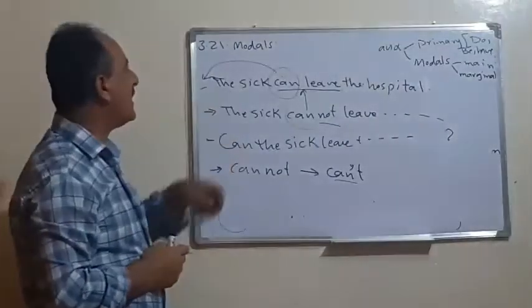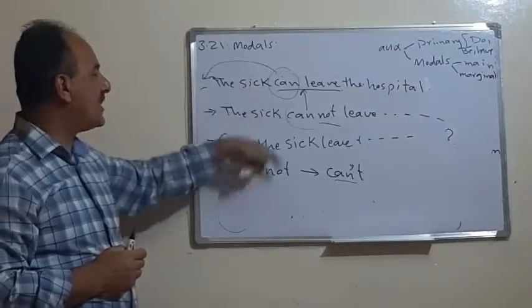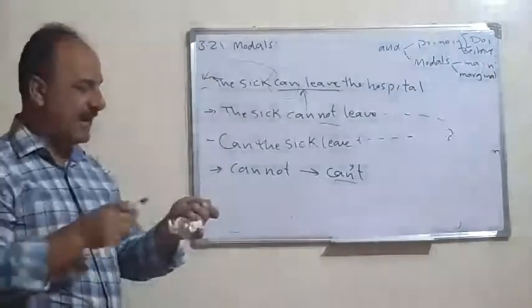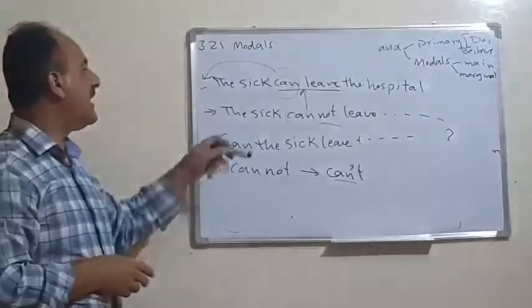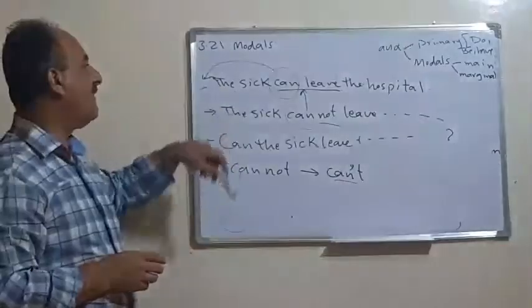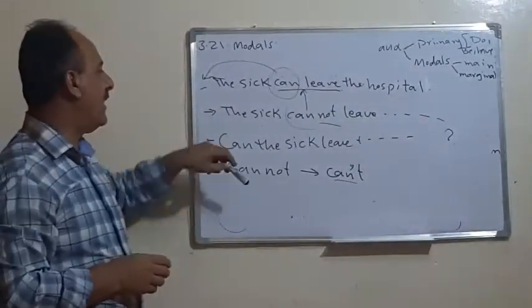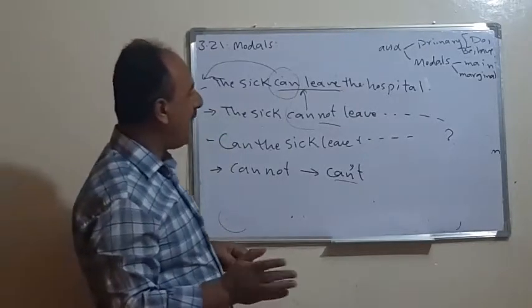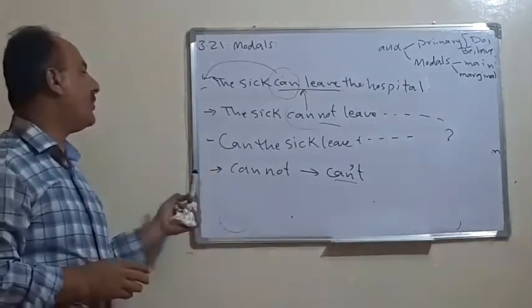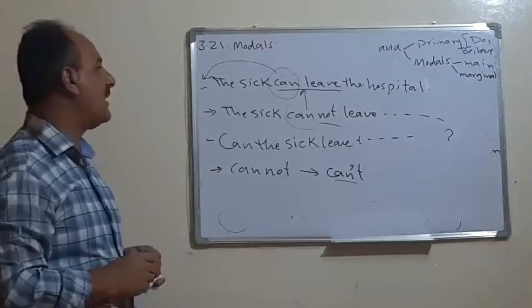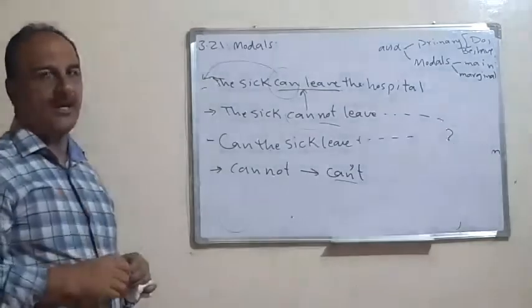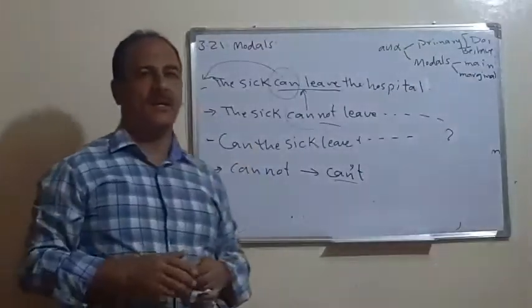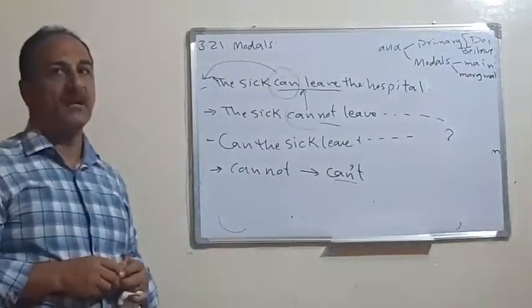So this is concerning the main modals. Most of these verbs have the present and past, and some of them have only the past, like used to, or only the present, like must. So I think this is clear concerning the main modals.